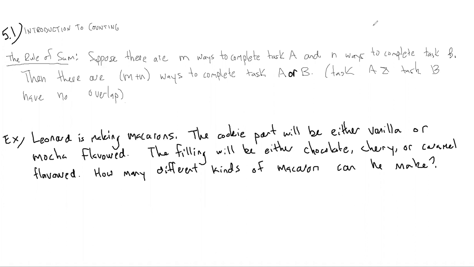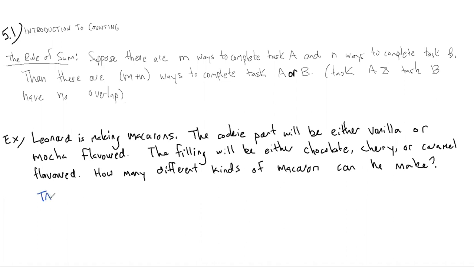So this is really going to be more of a lead-in into the next property of counting, but we can still think of this as completing a task A or B. So what I might do is split this up. It doesn't really matter if I want to think of the cookie part or the filling part first. So maybe I think there's only 2 options for the cookie, so I'm going to split that up.